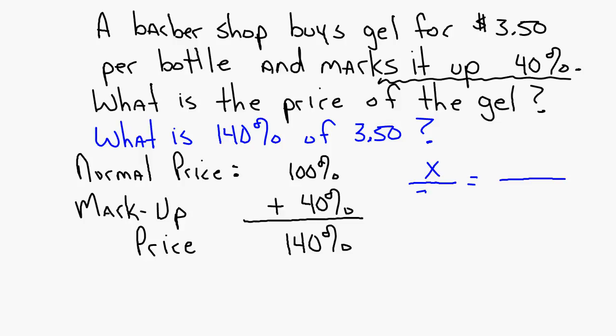The of is 3.5. The percent is 140 and it goes over 100. So crisscross multiply 100x. 3.5 times 140. And then divide both sides by 100.